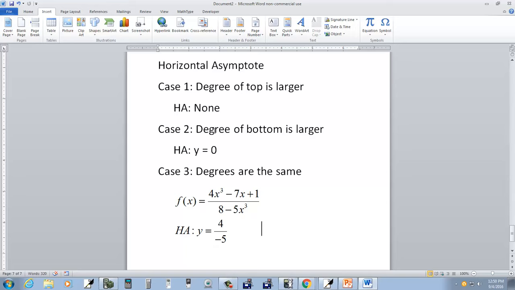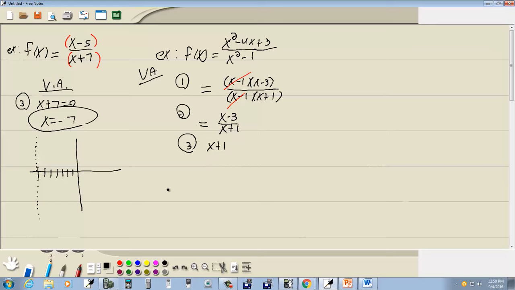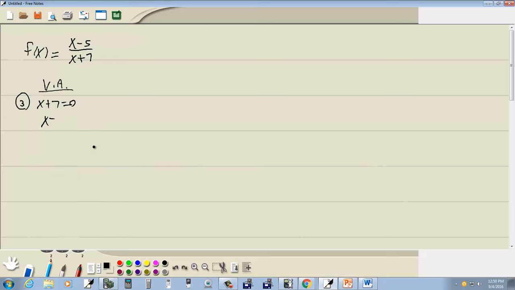Now, let me look at the first 2 cases, because we're seeing an example of the third case now. Let me clear this off. And let's say I have f of x is equal to x to the third minus 7 over x minus 2. Degree is your largest power of x.